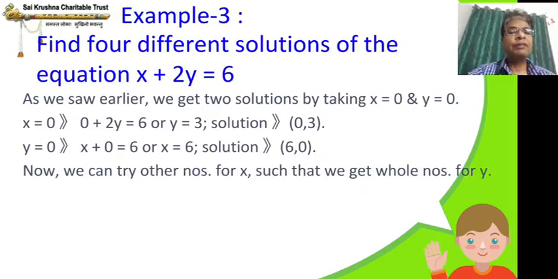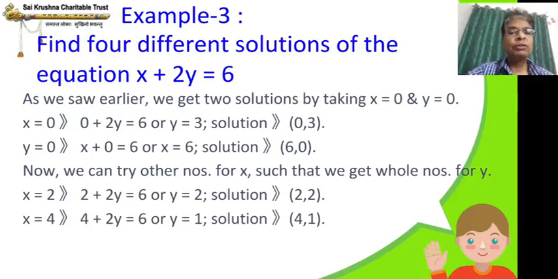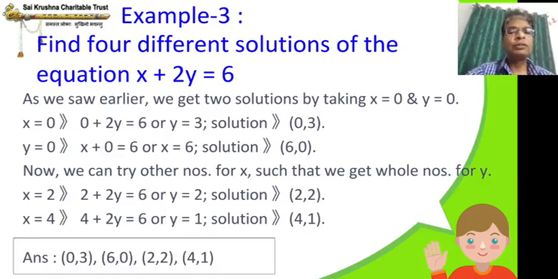I am taking different values, x equal to 2, the solution is 2, 2. x equal to 4, the solution is 4, 1. If you have doubts, you can pause the video and see how I found that for x equal to 2 the solution is 2, 2. So we have got 2 more, and the answer is 0, 3; 6, 0; 2, 2; 4, 1.